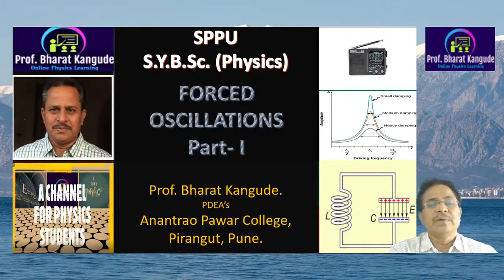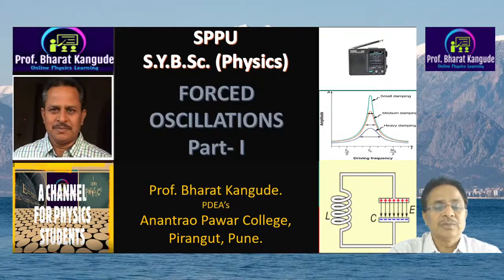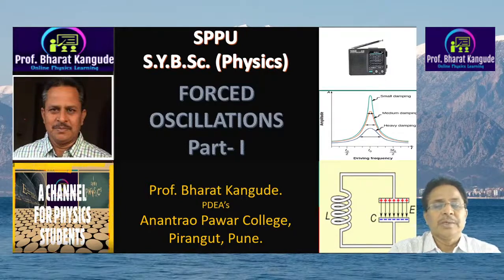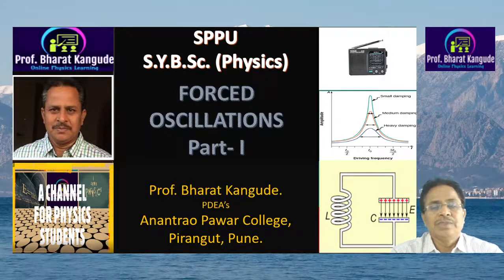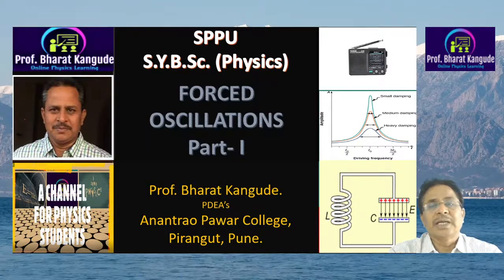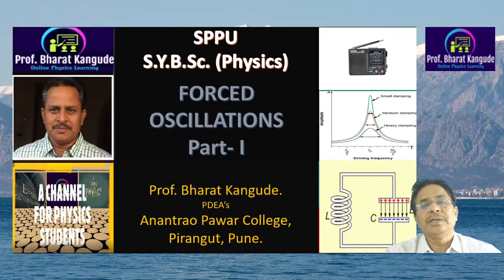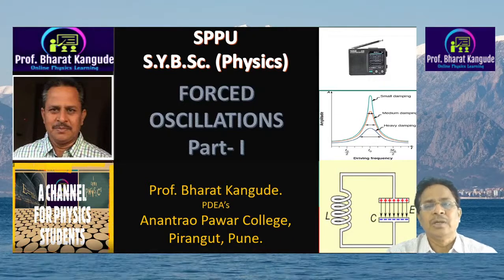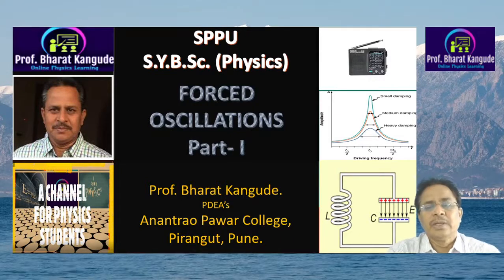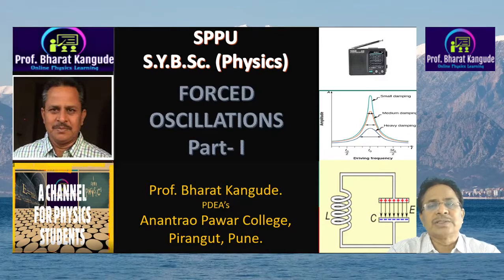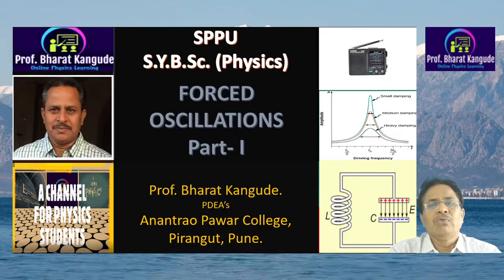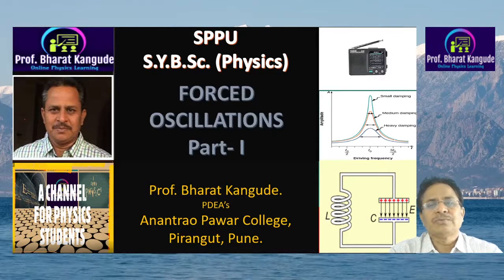Today we will see the first part of forced oscillation, one of the important chapters from our syllabus, which requires understanding of what we have learned in chapter 1 and chapter 2. Let me revise briefly. In chapter 1, we have seen undamped free oscillations, where there is only one force, that is restoring force.